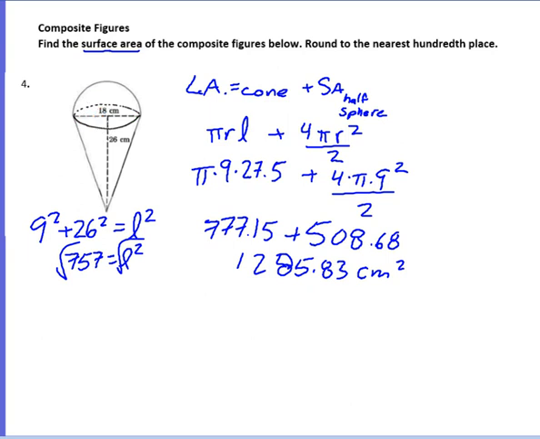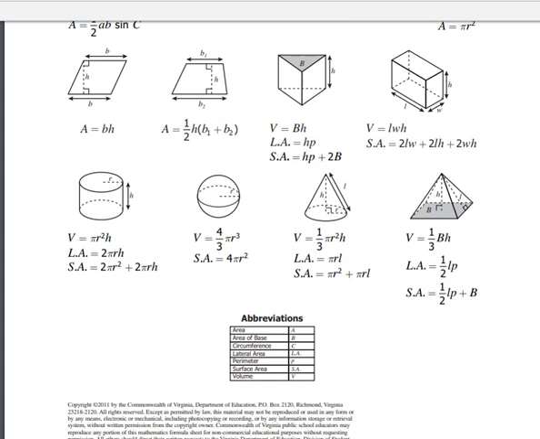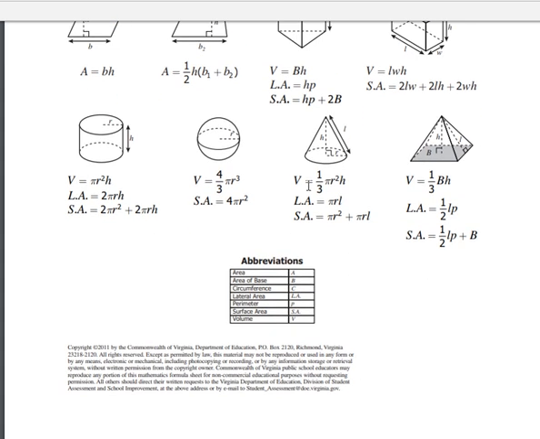And so we actually don't do the surface area of the cone. We do what's called the lateral area. And if you take a look at your formula sheet, some of these figures you'll notice have volume, LA, SA. If you check your key down here, SA represents surface area. Lateral area is what LA is represented by.